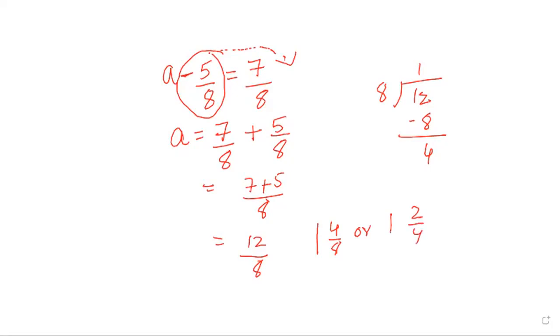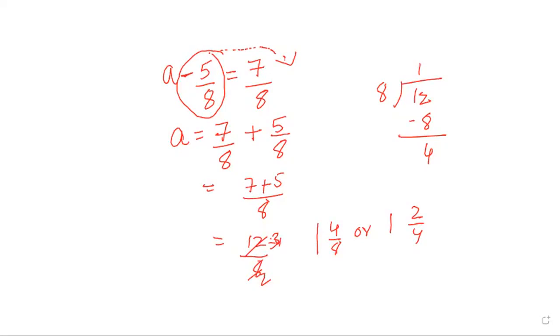Give me a second, girls. Did you understand this? You can also simplify here, girls. Both can be divided by 4. 4 times 2 and 4 times 3. And then you can go with 3/4.